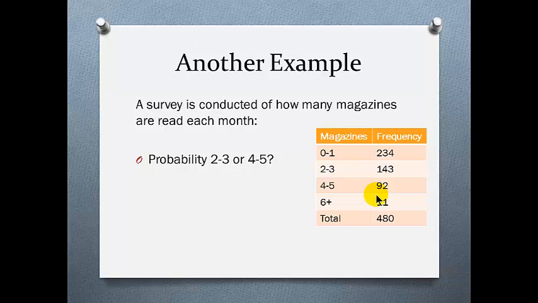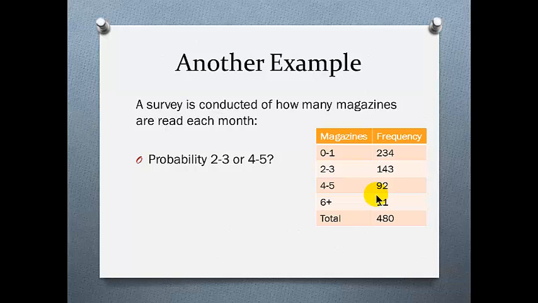Let's look closer at these two categories: reading 2 or 3 magazines, and somebody who reads 4 or 5 magazines. These are mutually exclusive events. You can't read both 2 magazines and 4 magazines at the same time. You either read 2 or you read 4.